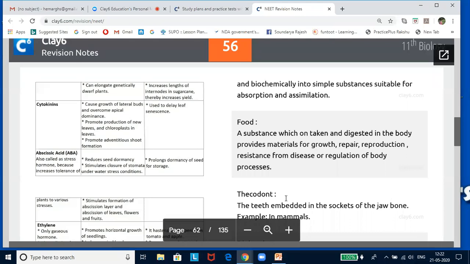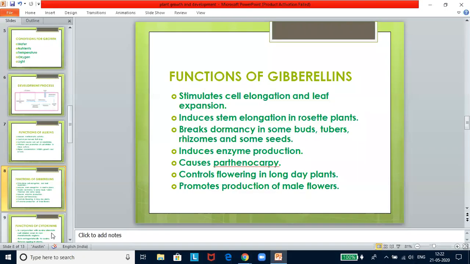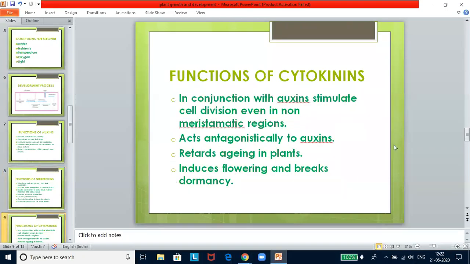Cytokinins are synthesized in areas where cell division is occurring, for example, root apices, developing shoot buds, young fruits, etc. Now let us look at the functions of cytokinins. As I said, they do not function alone. They always work in conjunction with auxins, and they stimulate cell division even in non-meristematic regions.